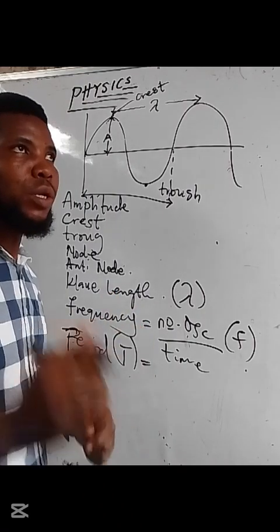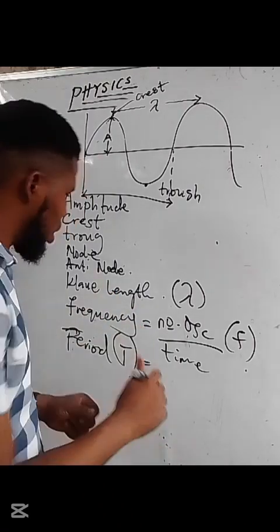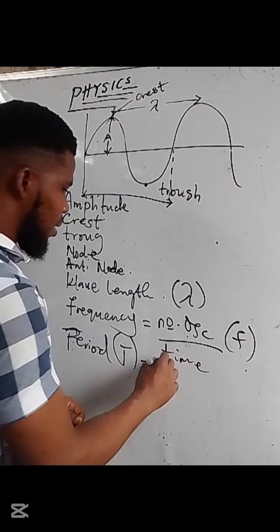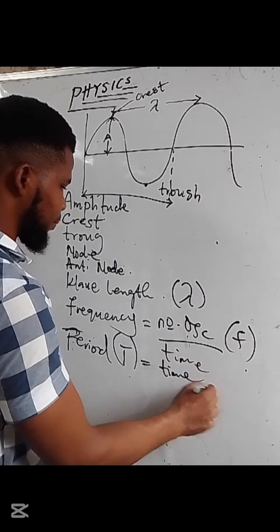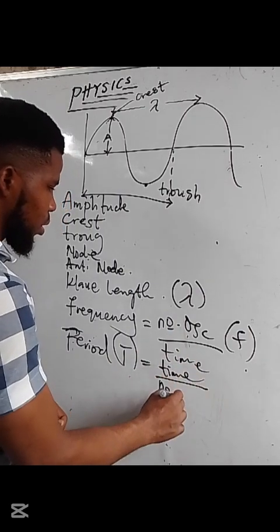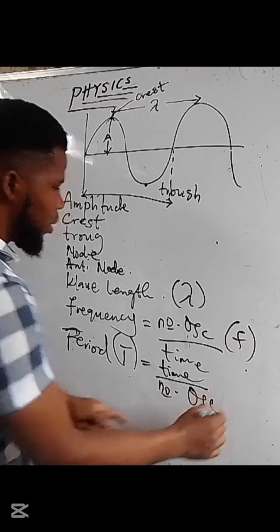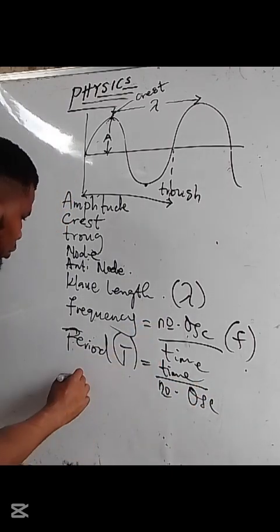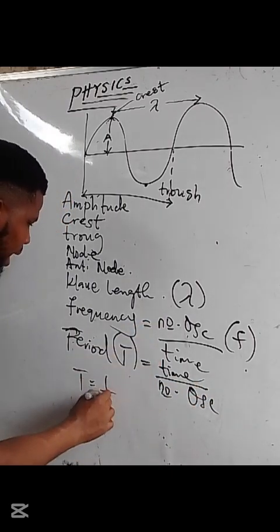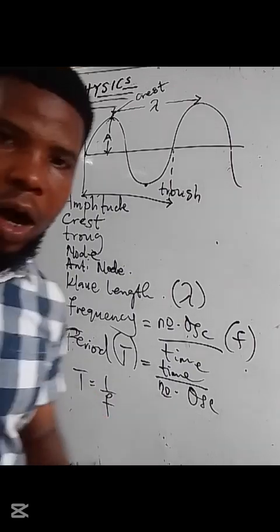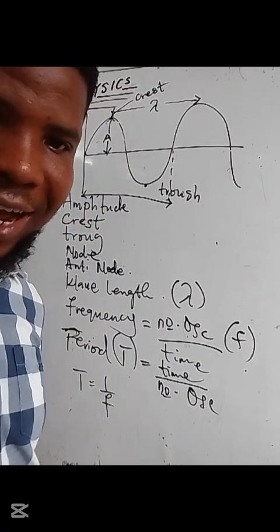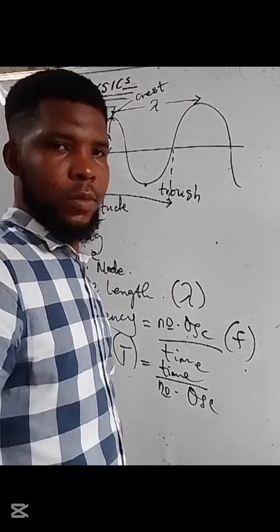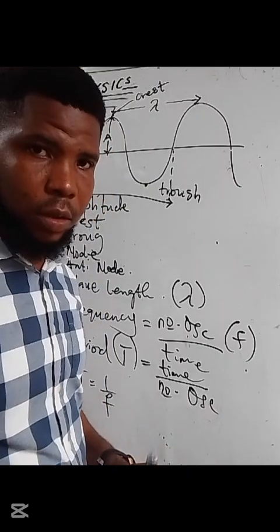So you can write your period as the inverse. You notice that your period has an inverse function. So your period is the inverse or reciprocal of your frequency. I hope you understand that.